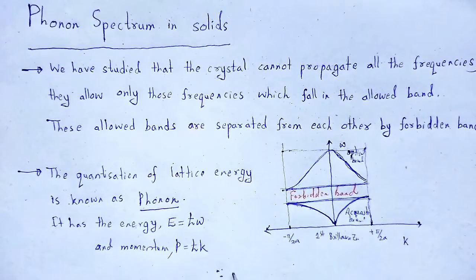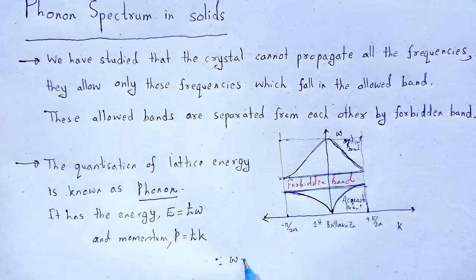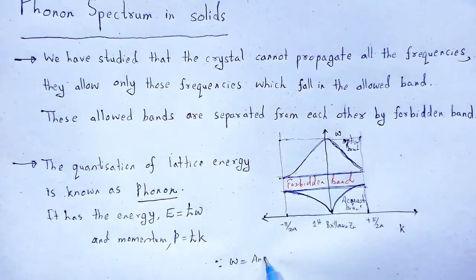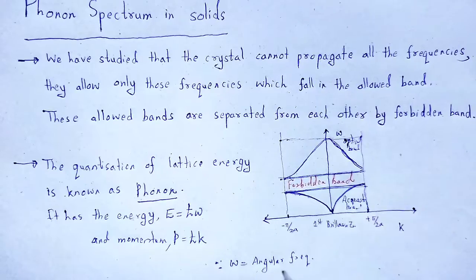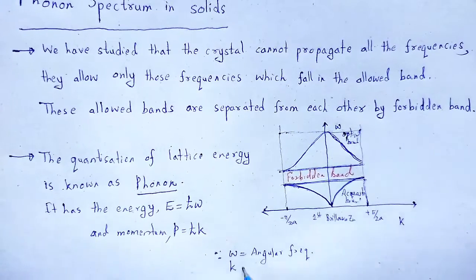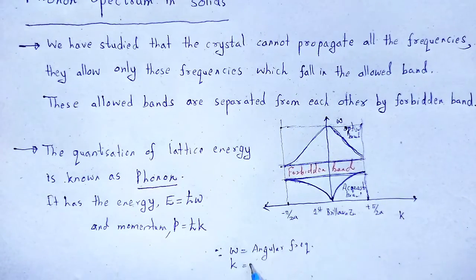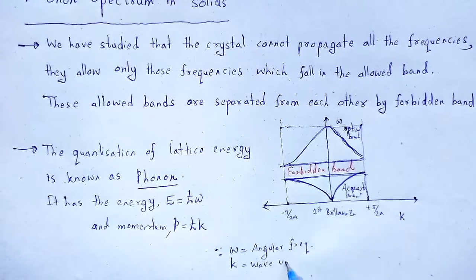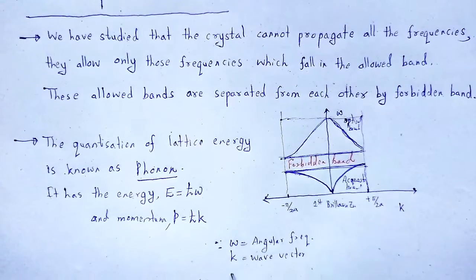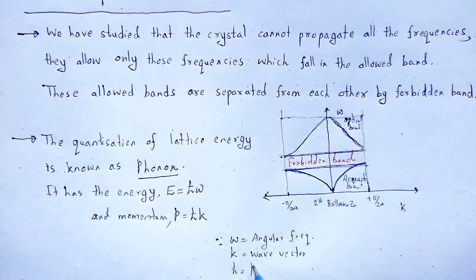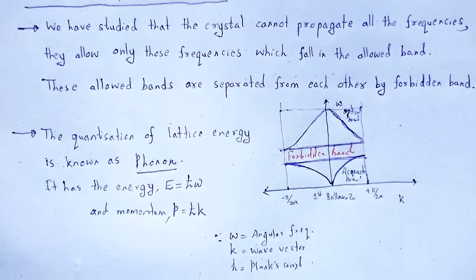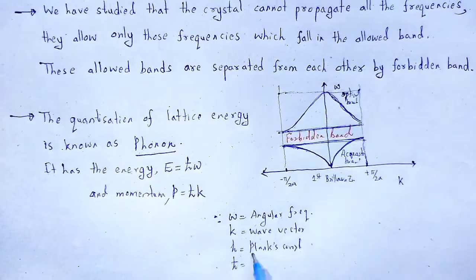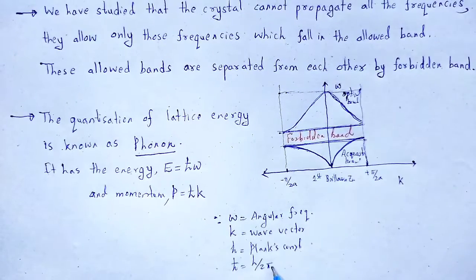Here omega is the angular frequency, k the wave vector, h Planck's constant, and h cut is h by 2 pi.